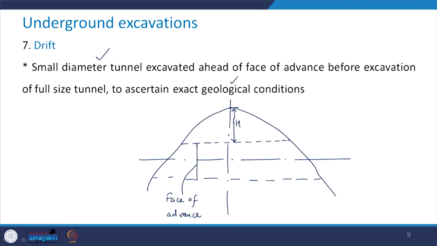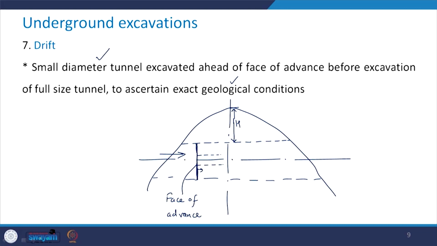So the tunnel has been excavated up to this place. Let us say the tunnel is being excavated in this direction, and up to this face it has already been excavated. Now we want to be as certain about the exact geological condition beyond this point. So what we will do is we will excavate a small diameter tunnel here.